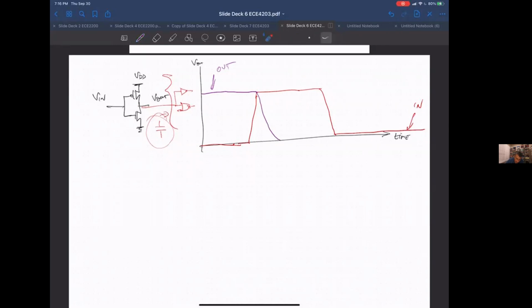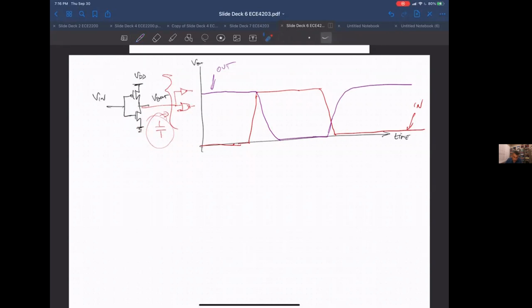It'll look like this guy turns on and discharges his capacitor to ground and stays like that until the input goes low and the output goes back high. Something like that. So that's the input versus output curve.